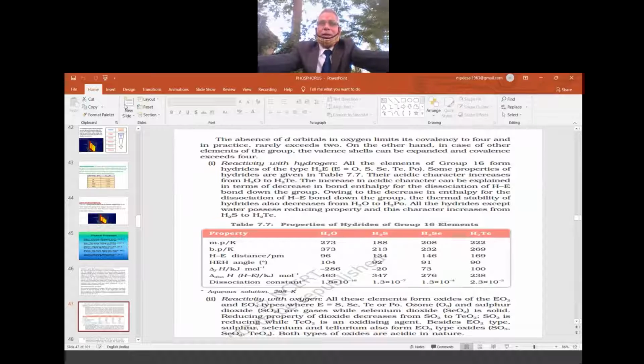That means hydrides are slightly unstable at the bottom. Stable hydrides we have in the beginning only, and the best hydride in this family is water. Water is the most common solvent. Water is the best oxide of hydrogen, and the best hydride of oxygen. All this credit goes to the H and O combination.